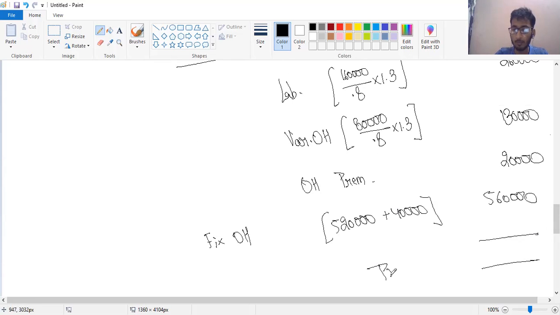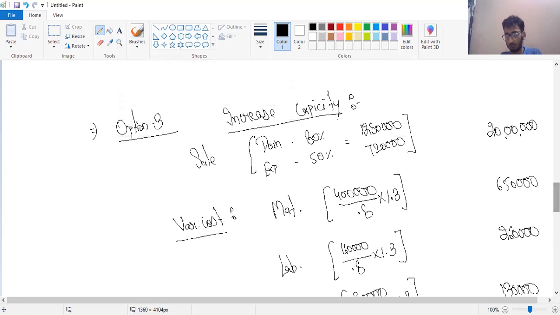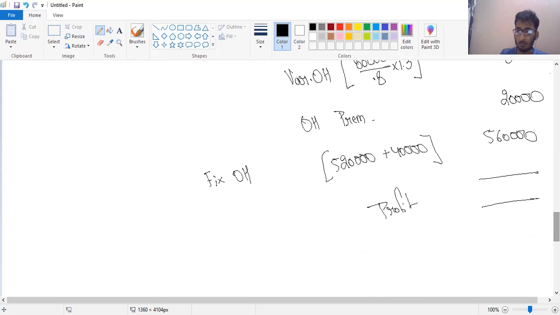See the profit, calculate it. 20 lakh minus 6 lakh 50,000 minus 2 lakh 60,000 minus 1 lakh 30,000 minus 5 lakh 80,000. It is coming to 3 lakh 80,000.